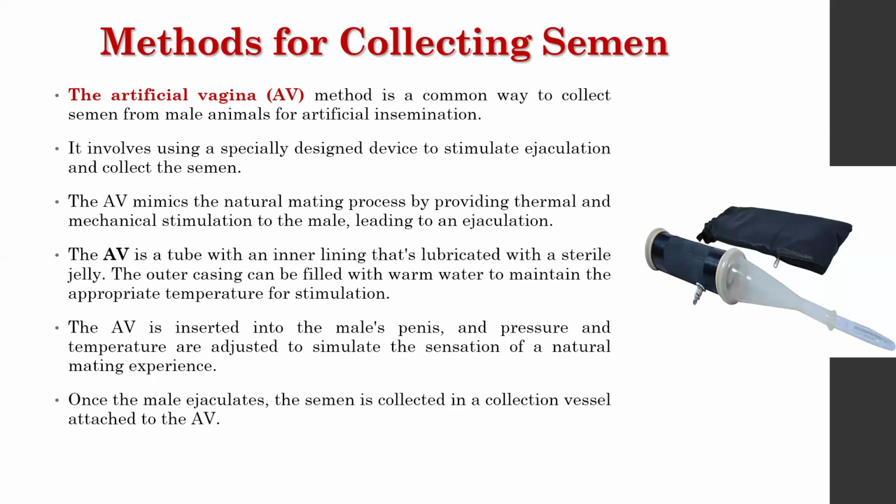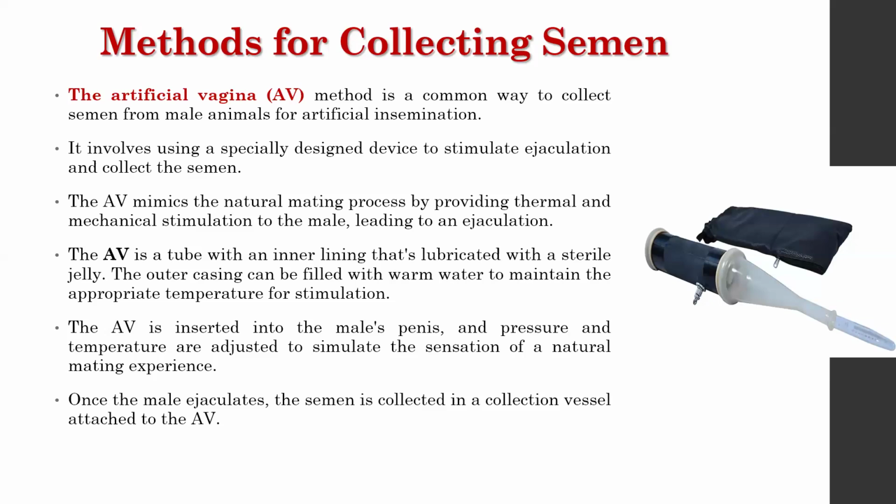It has an outer cylinder made of canvas and reinforced with rubber, an inner rubber liner made of soft latex, and a rubber cone fixed at one end. Then we attach a sterilized graduated centrifuge tube of around 10 ml to the open end for collection of semen.